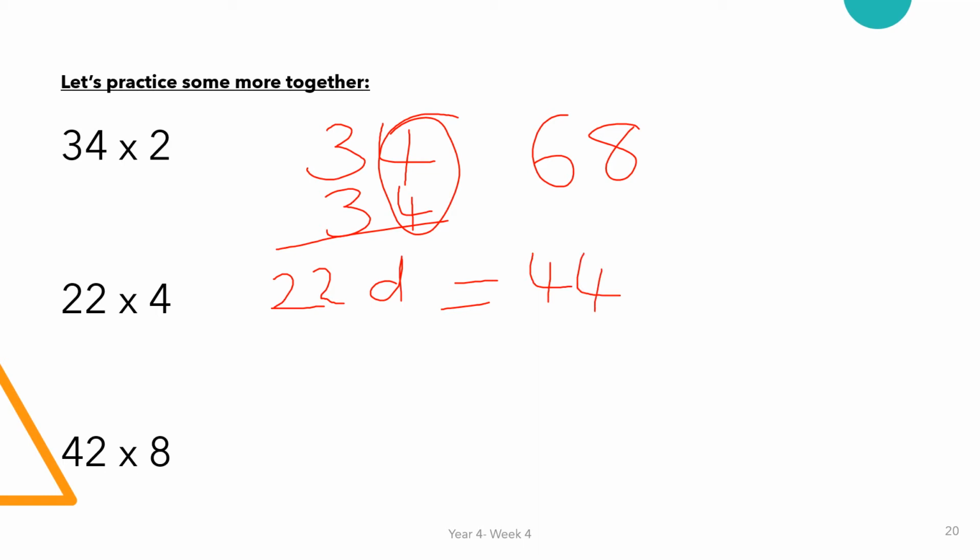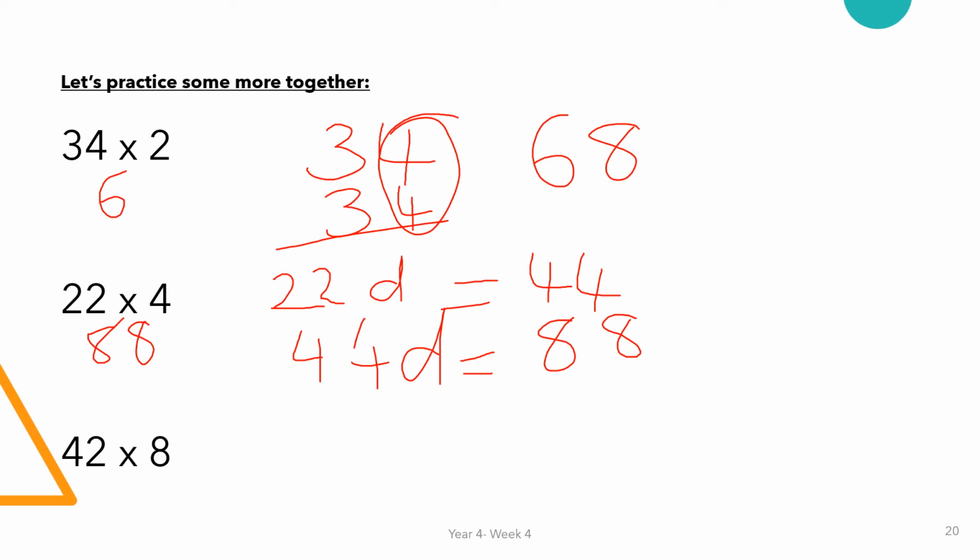Then we know it's multiplied by 4, so 44 doubled equals 88. So that means 22 multiplied by 4, using our double, then double again strategy, equals 88. And I forgot, sorry, up here, let's put in 34 doubled is 68.